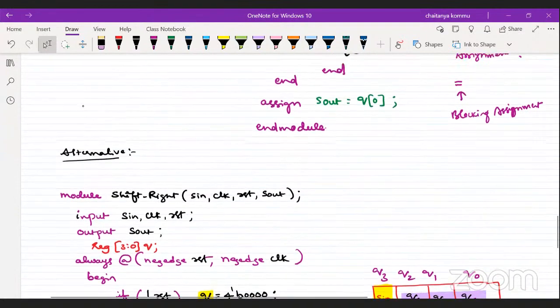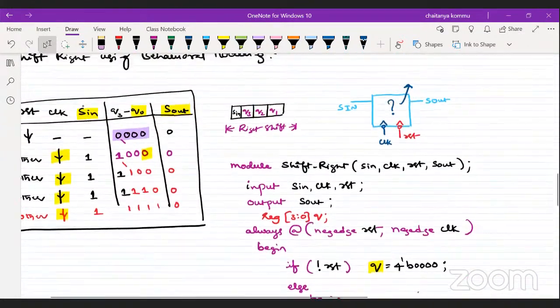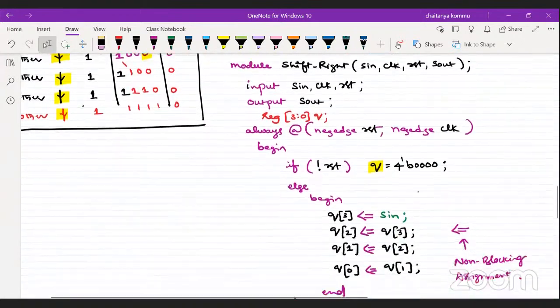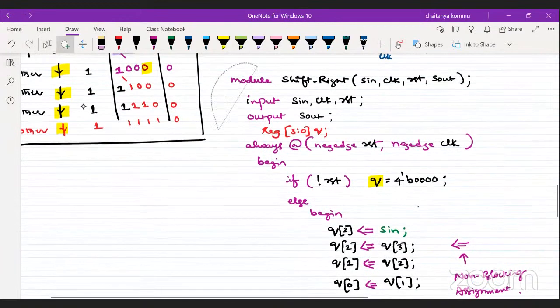Okay, can you do the same thing for the left shift operator? I hope the concept is very clear. You are in a position to do this one also. Okay, so better I'll take this code.